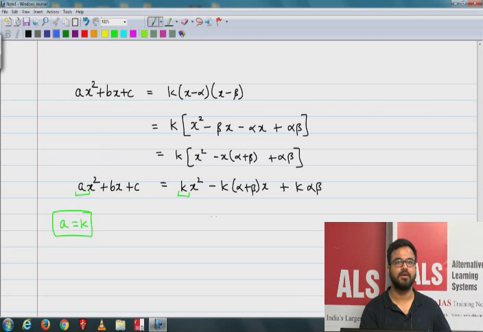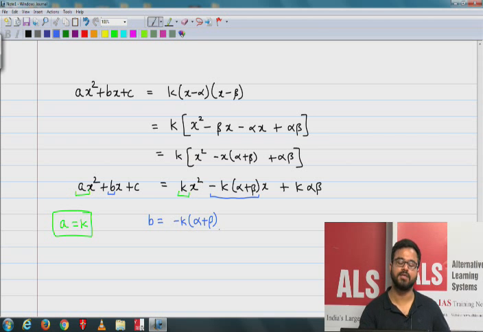Second thing, we will compare the coefficient of x. On the left hand side we have the coefficient of x as b. On the right hand side we have the coefficient of x as minus k times of alpha plus beta. So we can say b is equal to minus k times of alpha plus beta.